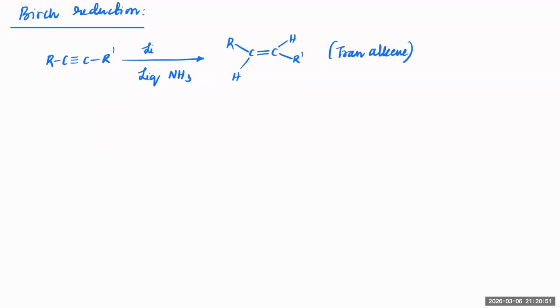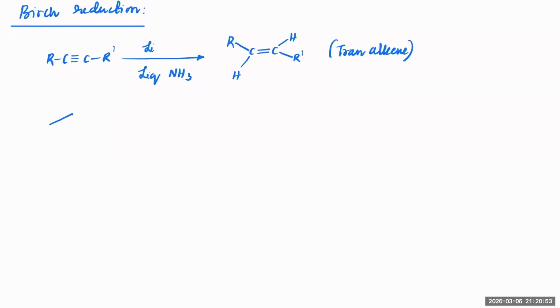If you react with lithium in liquid ammonia or sodium in liquid ammonia, we used to get a double bond because reduction would happen in this form. C double bond C, with R dash, we'll get H and H. So what we are getting is a trans alkene. This was the whole purpose of the Birch reduction.